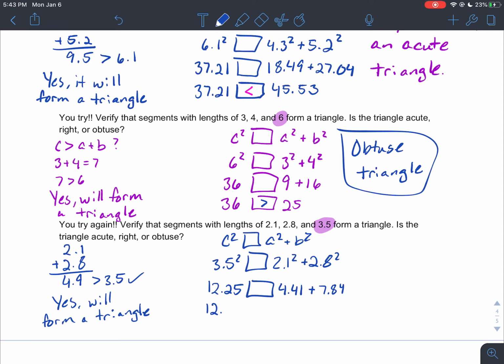Okay. So we're going to bring down 12.25. And then 4.41 plus 7.84 is 12.25. Well, 12.25 is equal to 12.25. So since c squared equals a squared plus b squared, this will be a right triangle.